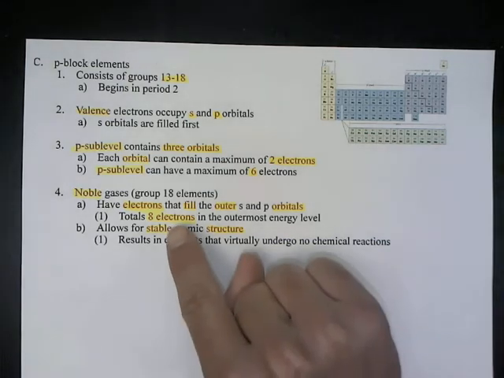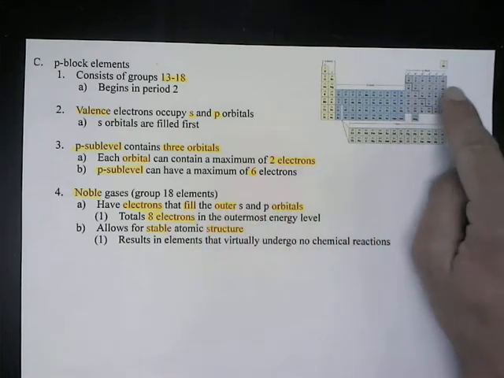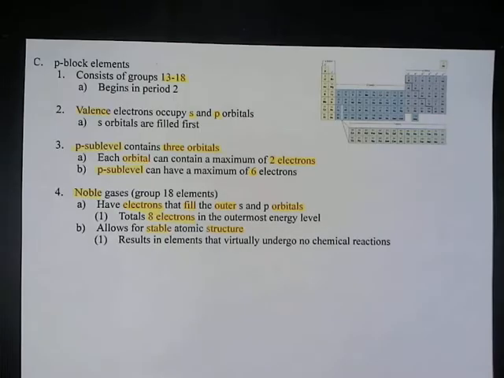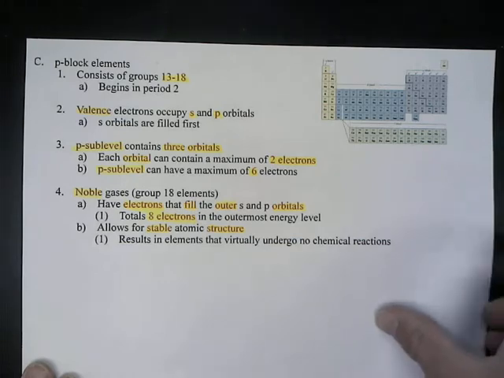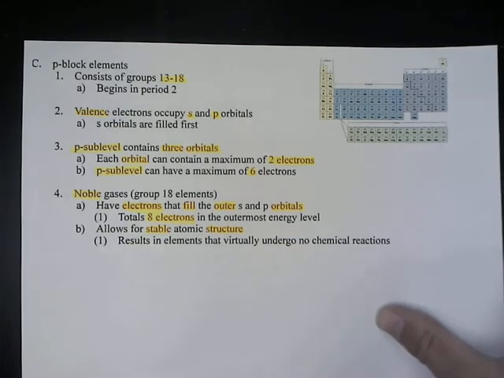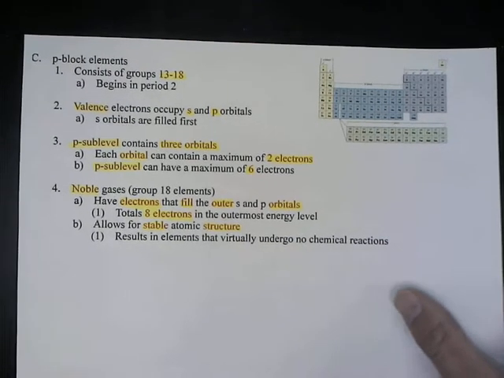But in our P block elements, we have the noble gases, and noble gases have a full set of 8 electrons in their outermost S and P orbitals. That's really important as we start to talk about chemical bonding and why elements and atoms bond together.